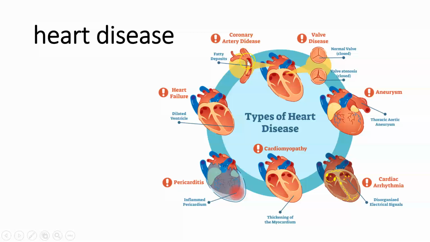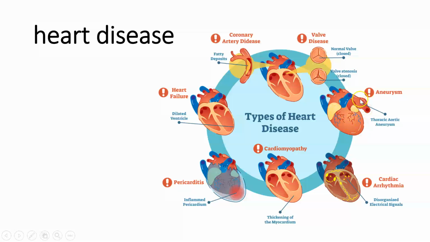This means that in the artery near your heart, there's something blocking it because of the cholesterol. That's one kind of heart disease. There's another one that's a valve disease. So these are like little doorways in your arteries, and they can open and close. And if they don't open and close properly, then you have a different kind of heart disease.